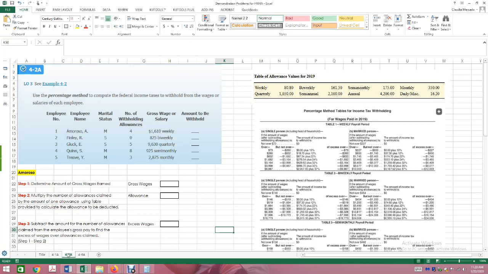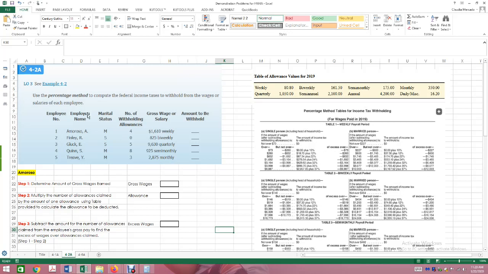There's also different tables associated with the percentage method. If you see the tables here, it says percentage method tables. So make sure that you are using the appropriate tables. You're going to need two tables when you calculate the percentage method. The first one is the table for allowances, and the second one is a table for the actual tax withholding.